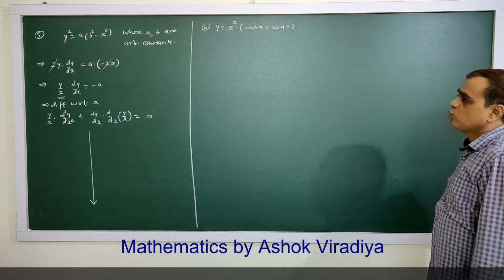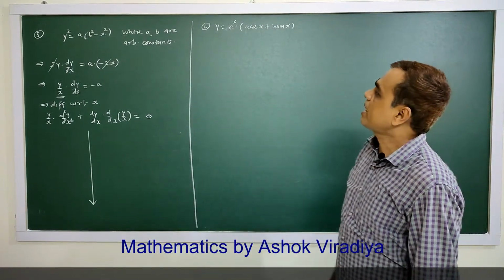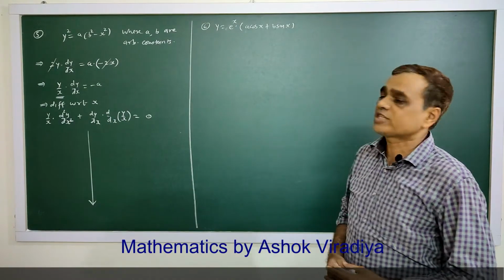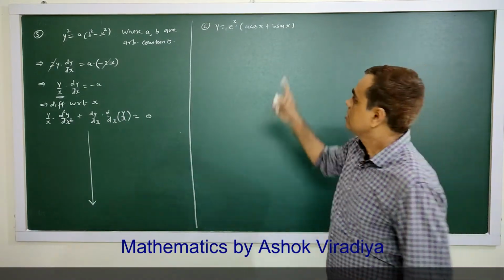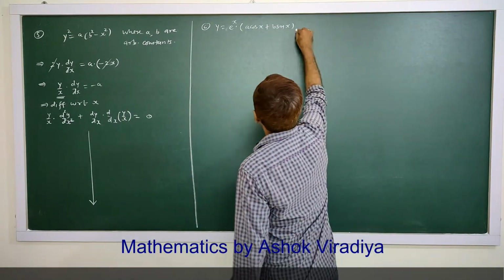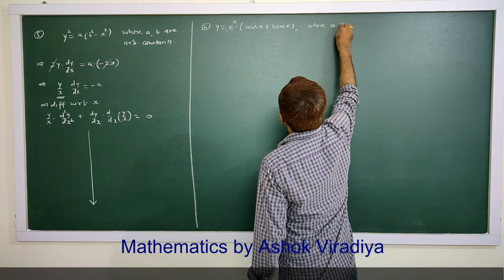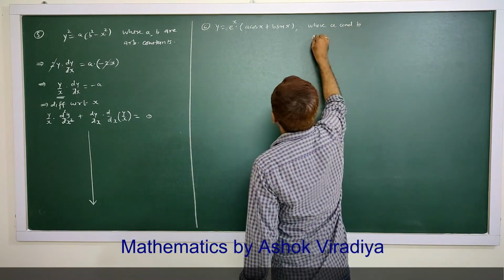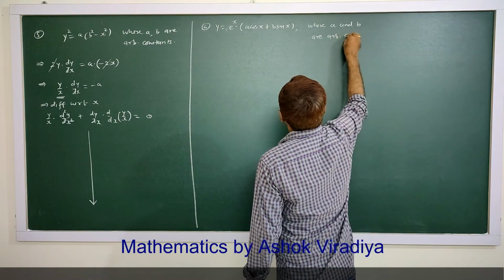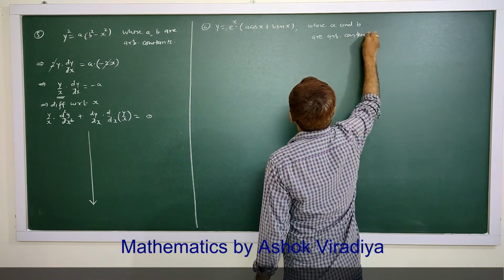Now here y is equal to e raised to x into a cos x plus b sin x. So there are two arbitrary constants where a and b are arbitrary constants.